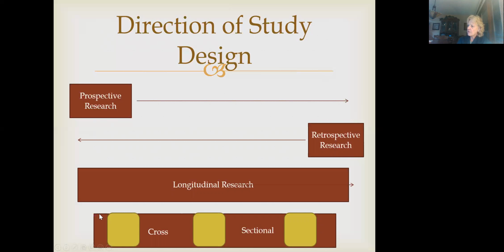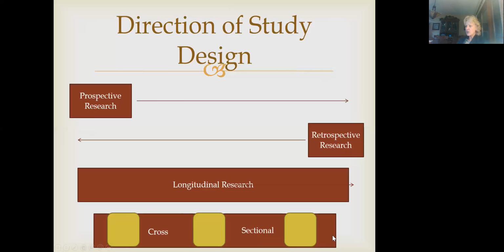You also can have longitudinal research, which is studying that sample over a long period of time and looking at what happens. So because I'm a pediatric person, I think of things like developmental progression in children, and you follow the children throughout their first year of life and then annually and look at how the development goes over time.